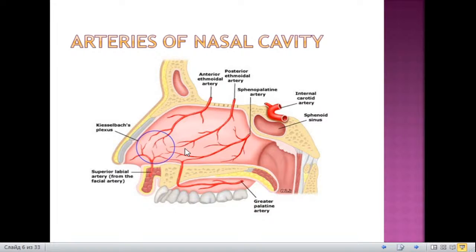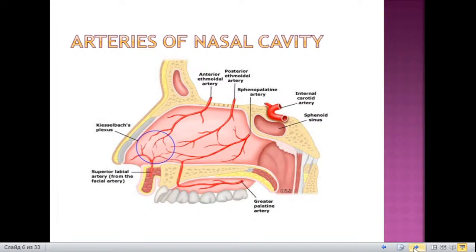This anastomosis occurs at the medial angle of the eye. This anastomosis isn't given in any textbook, so now you know about it.